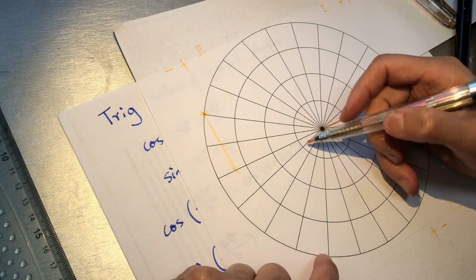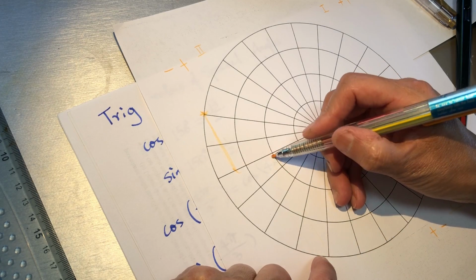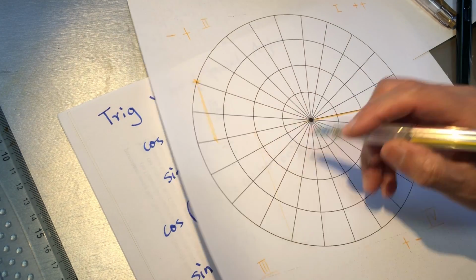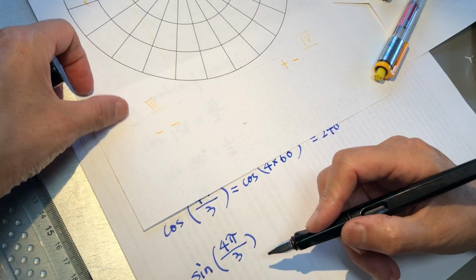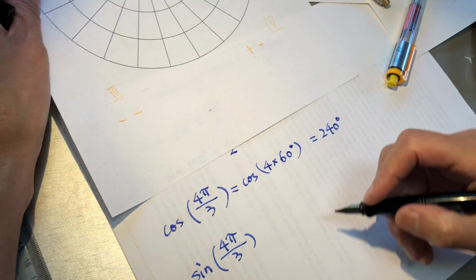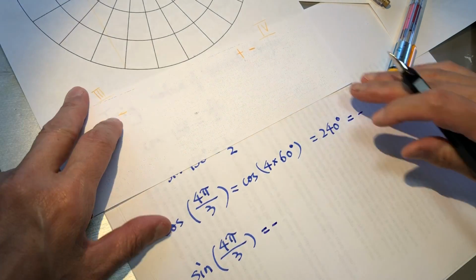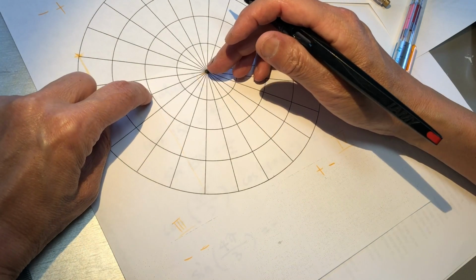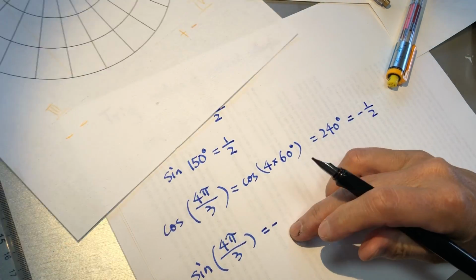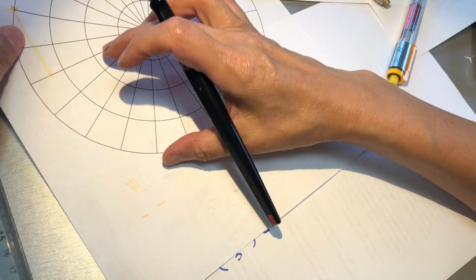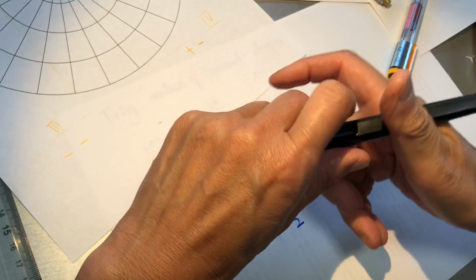This is the reference angle. So this is the value of it. And we know it's in the third quadrant. Both will be negative. So you can just go ahead and write down negative, negative. And the cosine is the x value, negative half. And the sine is the y value, negative root 3 over 2.